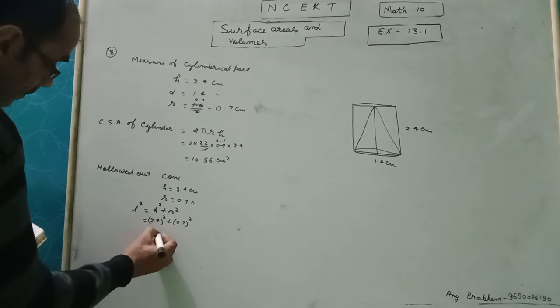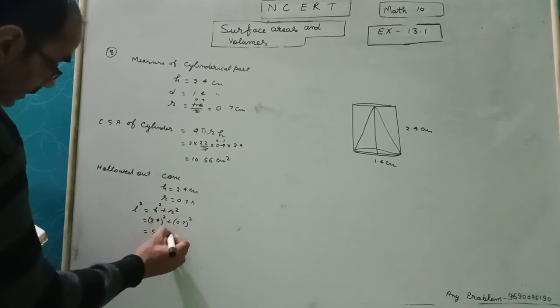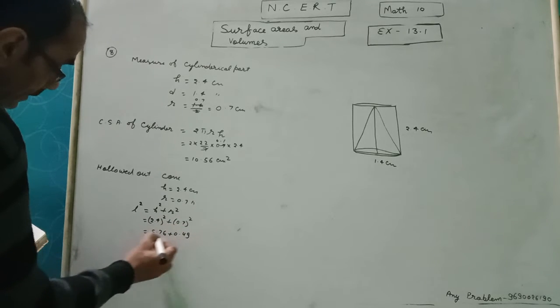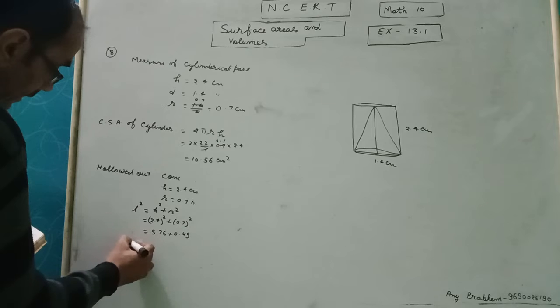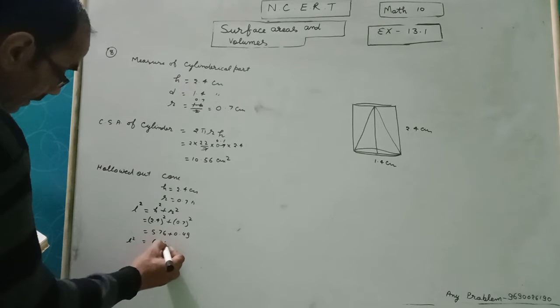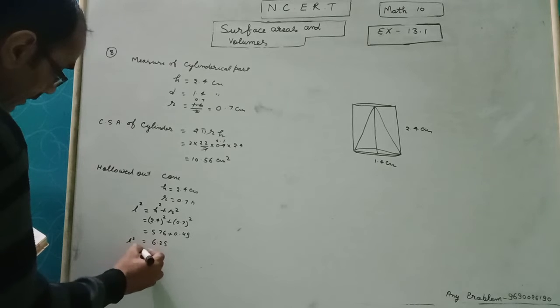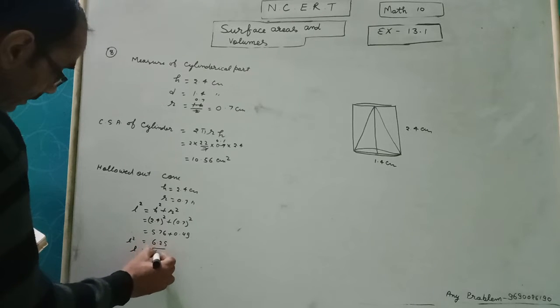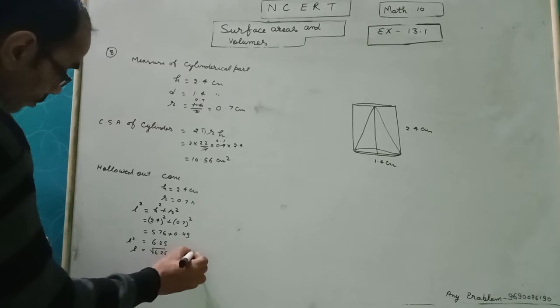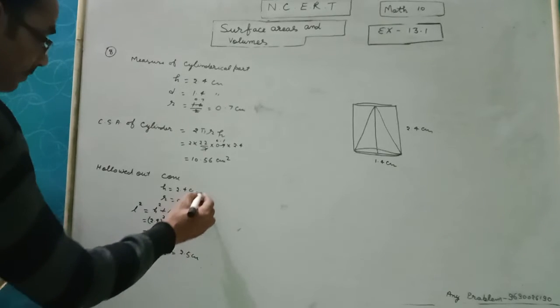After squaring, 5.76 plus 0.49. L square is equal to, after adding, 6.25. L is equal to the square root of 6.25, which is equal to 2.5 cm.